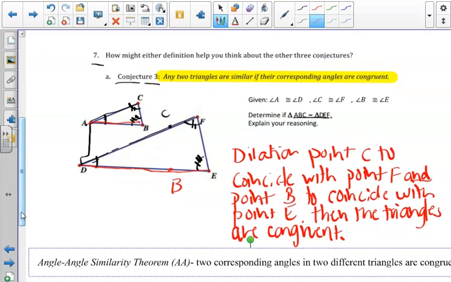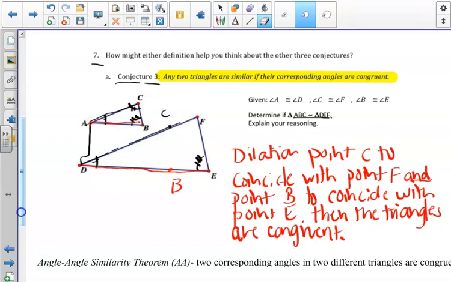So let's now talk about what information we actually knew. We were given 3 angles, but what if we are only given 2 angles? Do we know that the third angle will be congruent? And the answer to that is yes, because if this angle is 30 degrees, and angle B and E, let's just say is 60 degrees, we know then the remaining angles for both of these triangles must be 90.